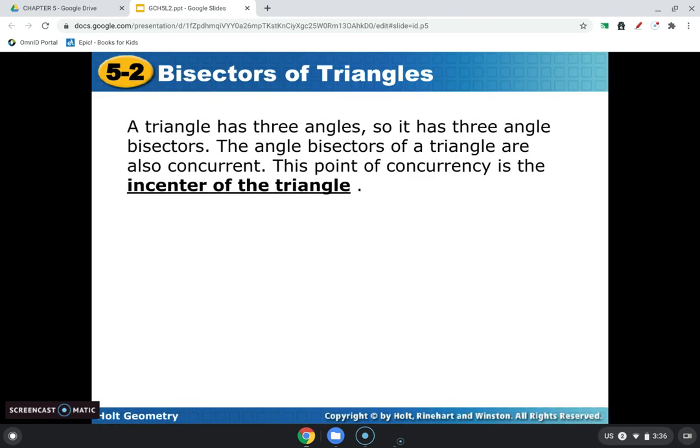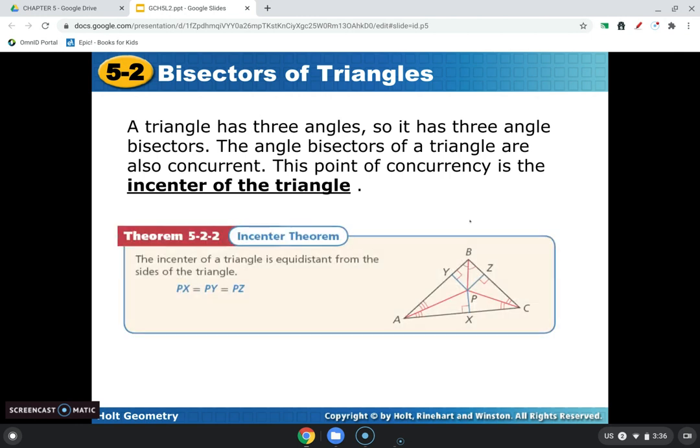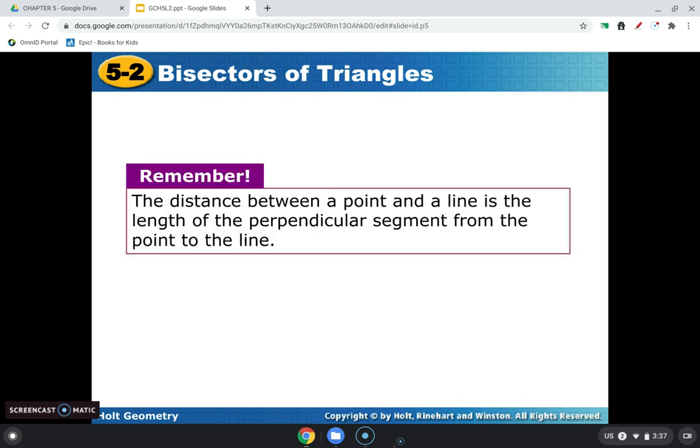Incenter. A triangle has 3 angles, so it has 3 angle bisectors. The angle bisectors of a triangle are also concurrent, meaning they all cross in the same spot. The point of concurrency is the incenter. So the incenter means if you've got P, it's the same perpendicular distance to all the sides. So PZ, PY, and PX are all the same.